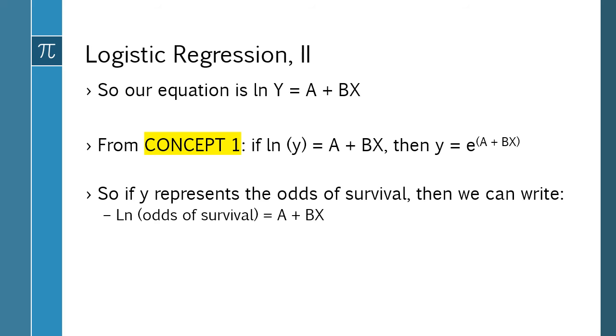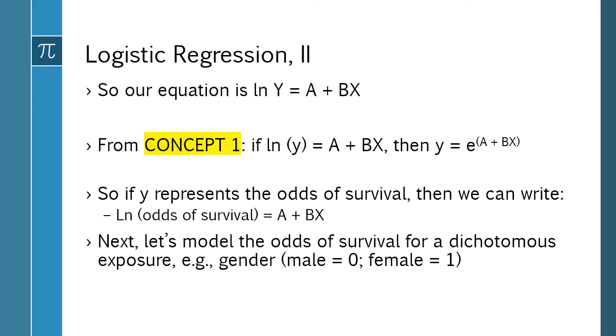And that is also equivalent to the odds of survival equals e to the a plus bx. And now we're going to use that to model the odds of survival for a dichotomous exposure like gender, where male equals 0 and female equals 1.